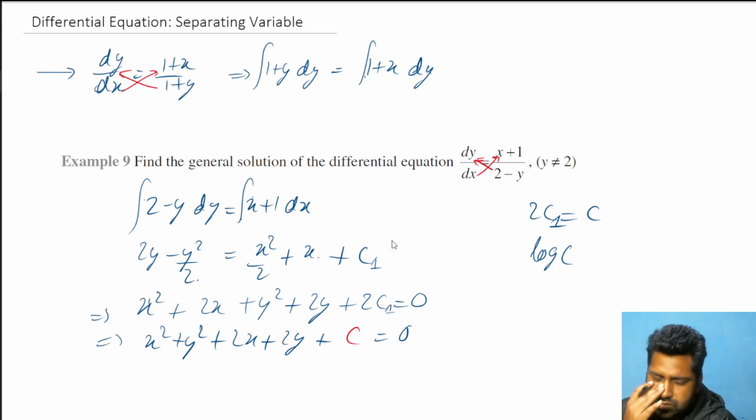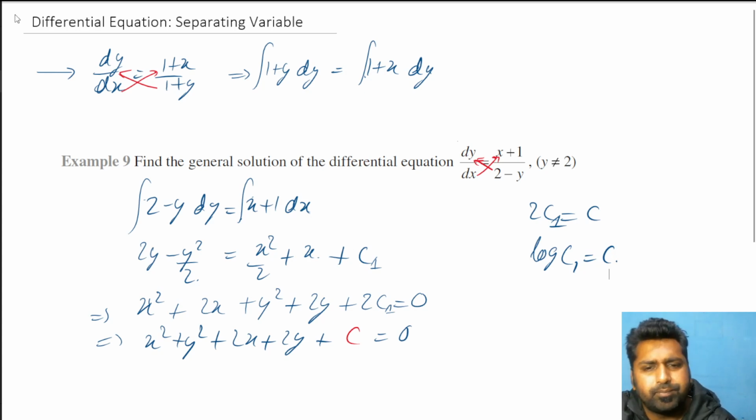So while solving the questions, if sometimes I take a constant as log c, don't get worried about why I'm writing log c. That is also a way to represent a constant. Log c1 is your constant. Usually students get confused about this constant point. All right, this is done.